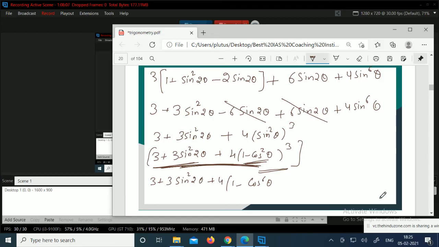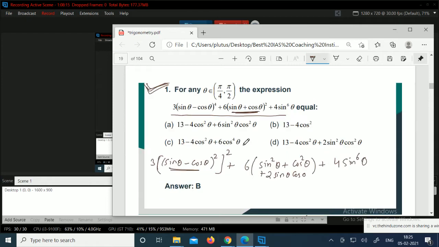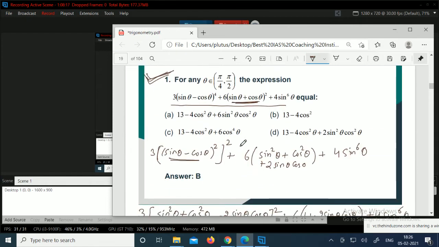I think there is some calculation mistake somewhere. So let me identify again. If I put theta equal to 0, what is the value? This is 1, so this is getting 3, and this is plus 6, and this 0, 9, so theta equal to 0.